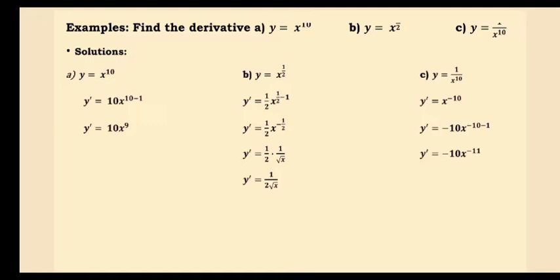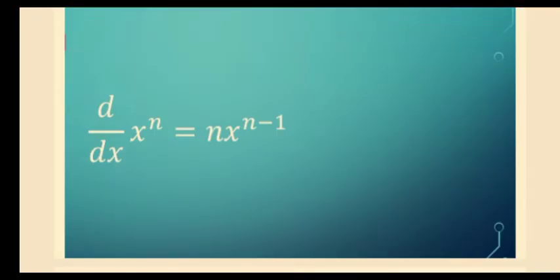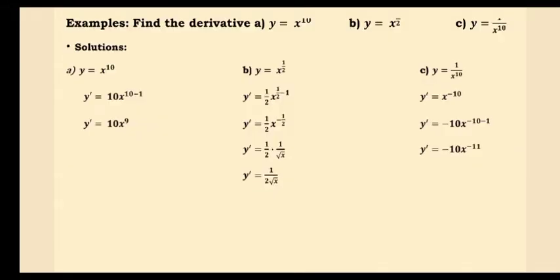So y prime is equal to, let us use power rule. So 1/2 times x raised to the power 1/2 minus 1. We always subtract 1 from the exponent after we multiply it to x. So that is 1/2 x raised to negative 1/2.